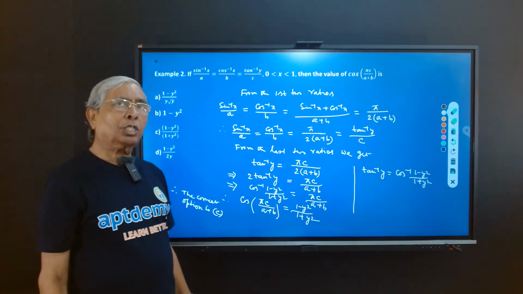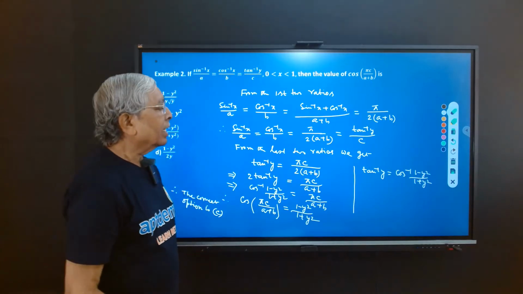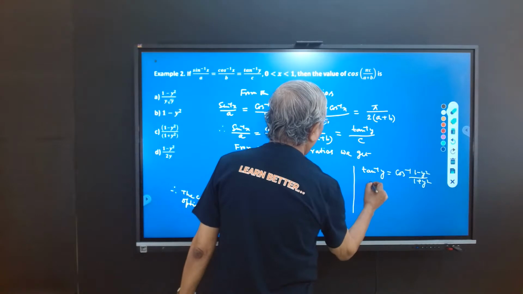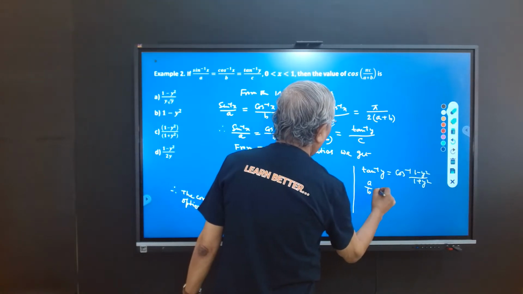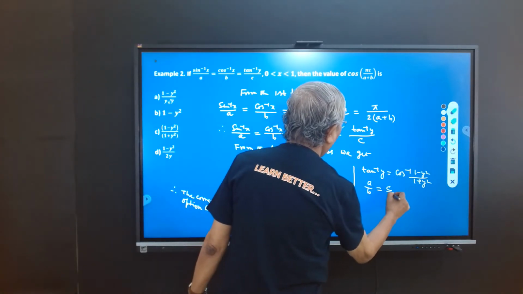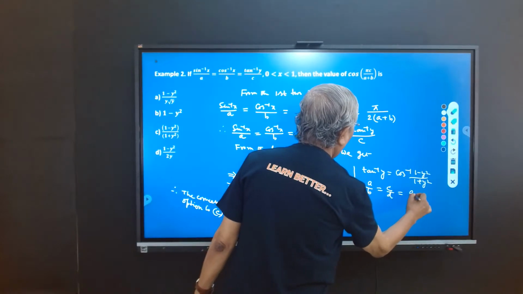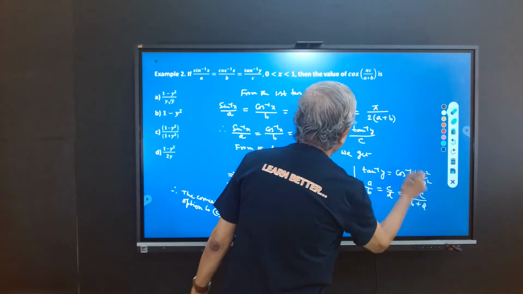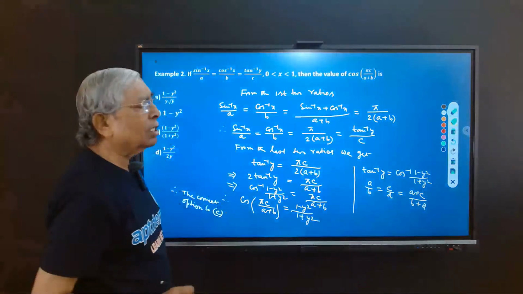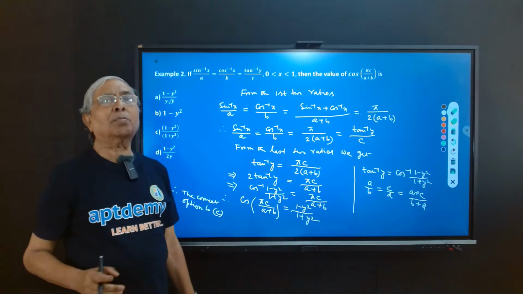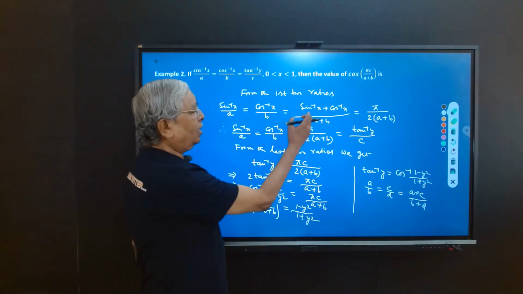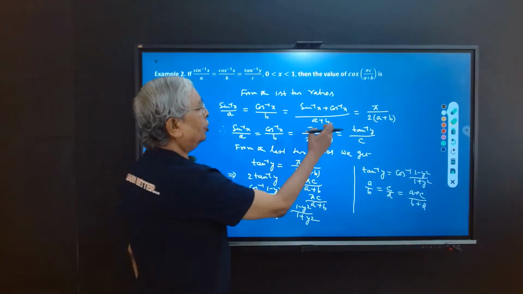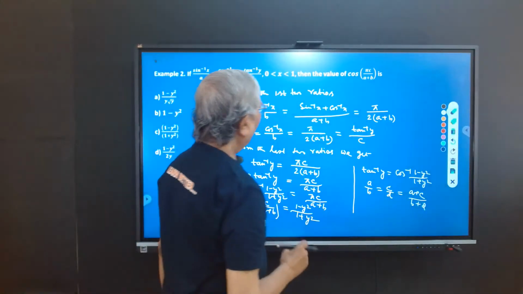So take the first two ratios and apply the law of proportion: A by B equals C by D equals A plus C by B plus D. And here sin inverse x plus cos inverse x equals pi by 2, so we get pi by 2 into A plus B.